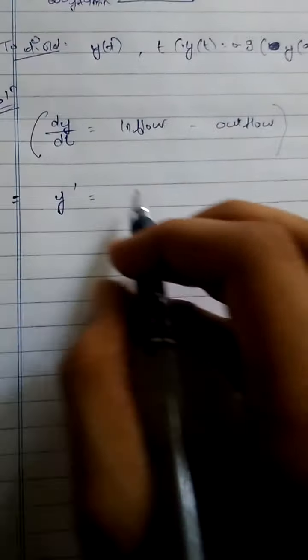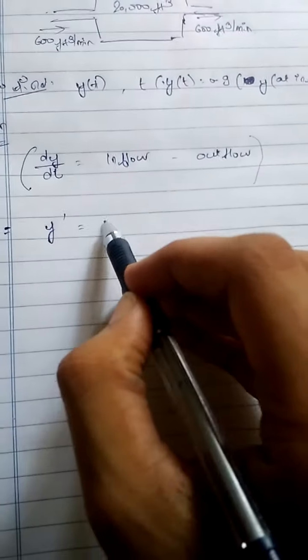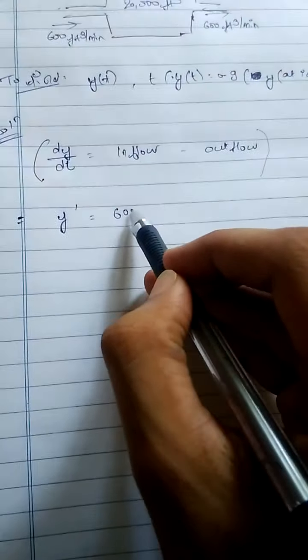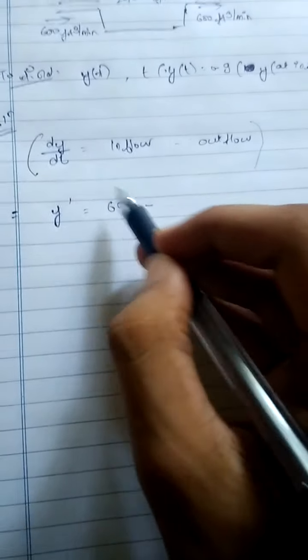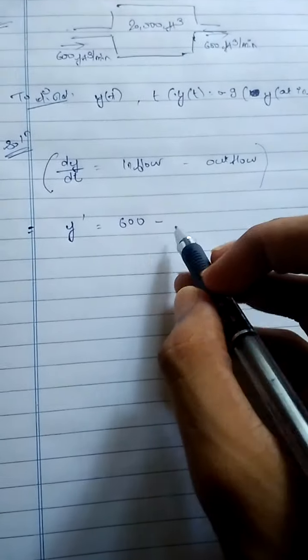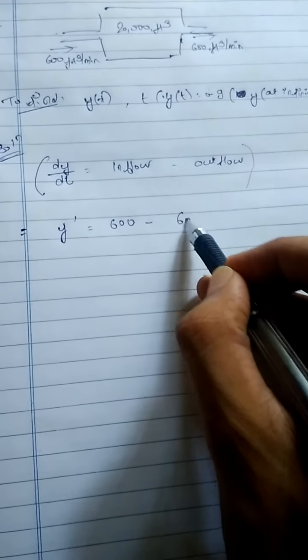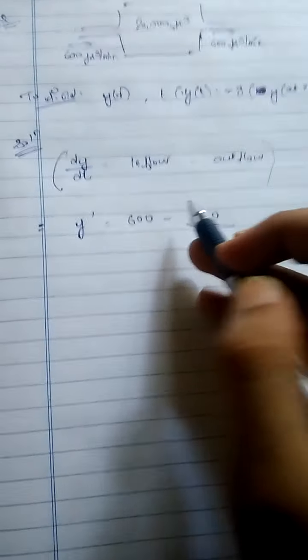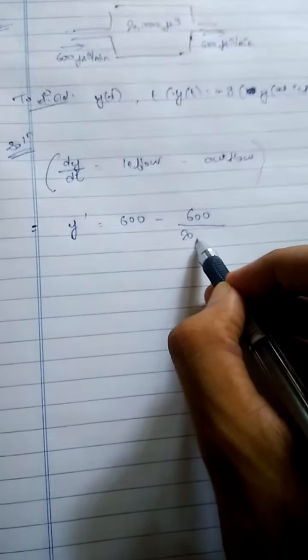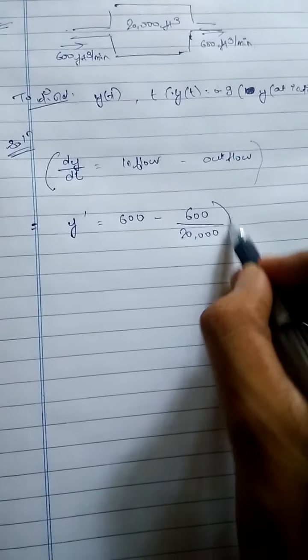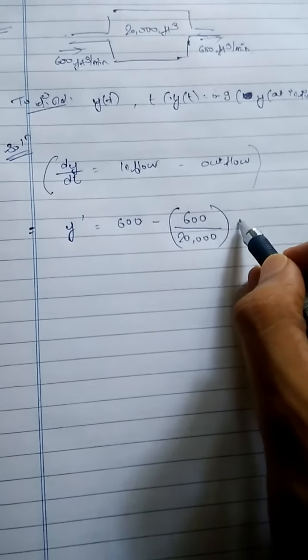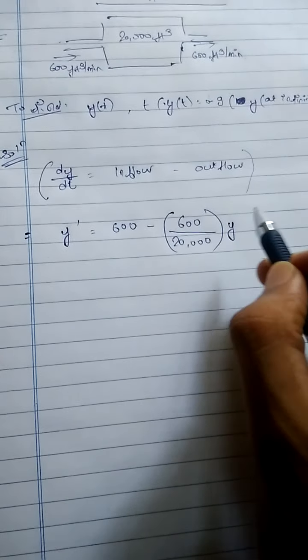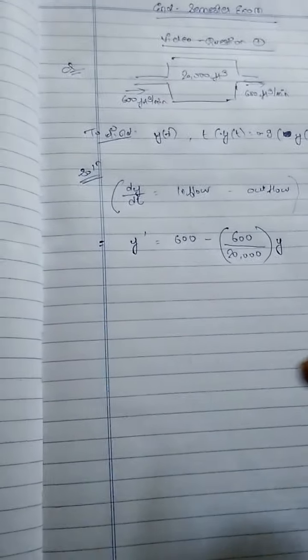Mathematically writing this, we get 600, this is a constant because the inflow does not change, minus 600 upon the overall volume of the vessel times the amount of fresh air already present.